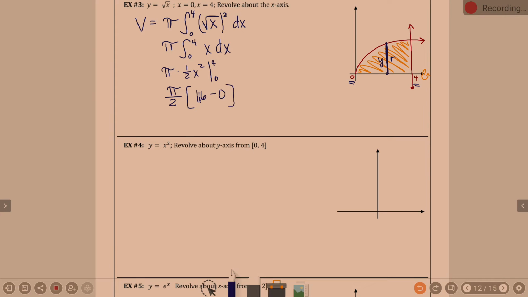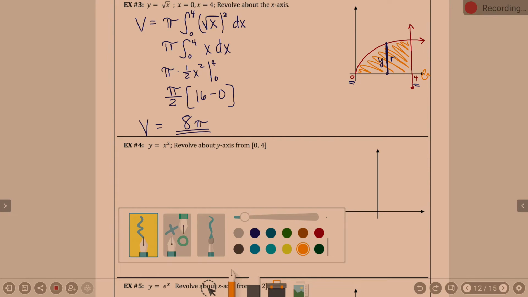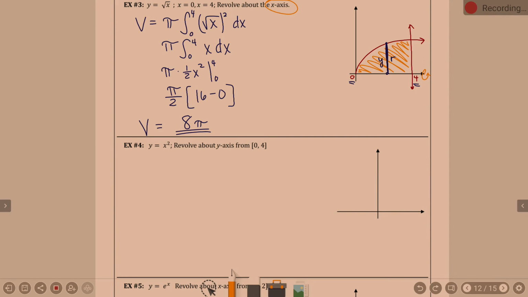If I take my pi times my 1/2 and make it pi over 2, and then it's 4 squared minus 0 squared, so pi over 2 times 16 is going to make it 8 pi for my volume. And you have to pay attention because that one was rotating about the x-axis.